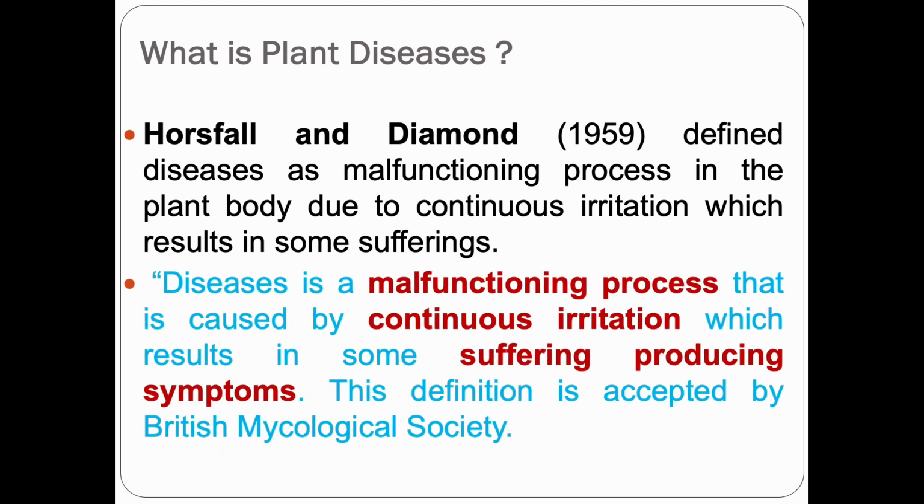Or this can be defined as a malfunctioning process that is caused by continuous irritation which results in some suffering producing symptom. This definition is most popular and is accepted by the British Mycological Society. So, to define the word disease, if we remember the words marked with red color, that is malfunctioning process, continuous irritation and suffering producing symptom, then it will become very easy to define disease.